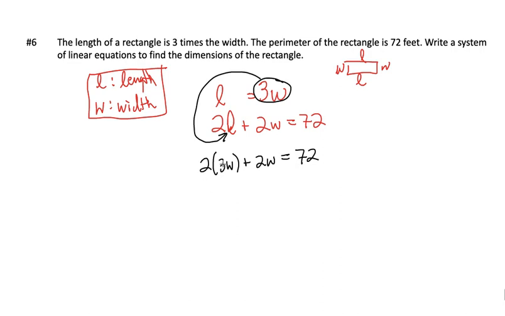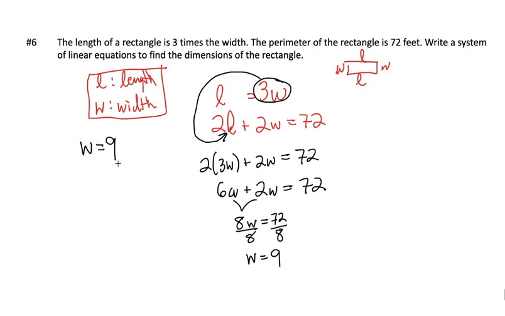2 times 3W is 6W. Remember, you just multiply those together because it's all multiplication there. It's not the distributive property. We can add the W's together. So 8W equals 72. Divide both sides by 8. So the width is 9. Over here I'll put W equals 9.